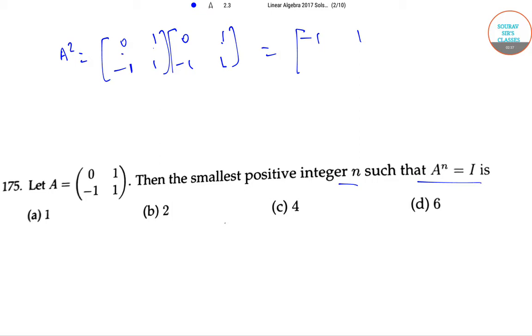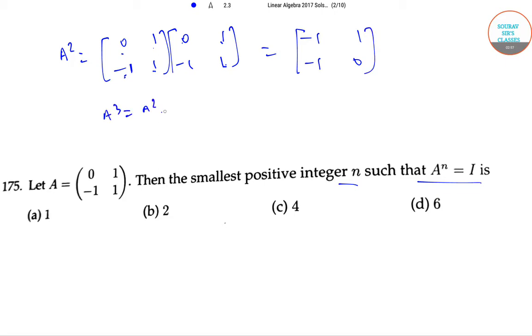Then minus 1 into 0 is 0 plus 1 into minus 1, which is again minus 1. And minus 1 into 1, that is minus 1, plus 1 into 1, that is 0.